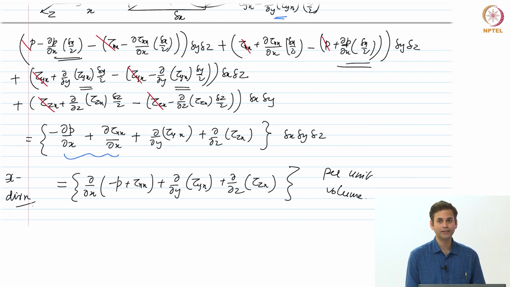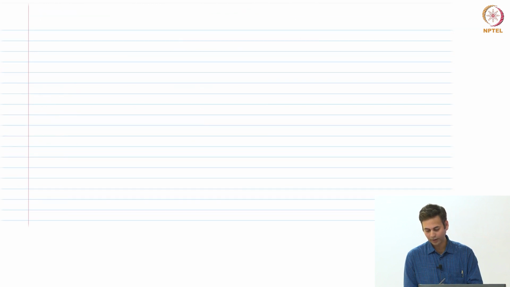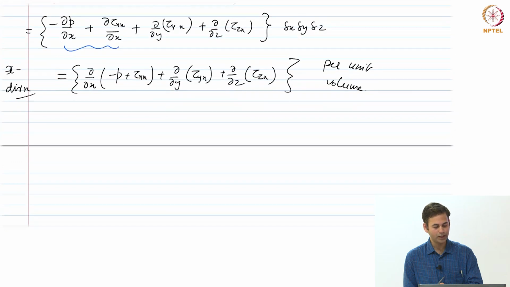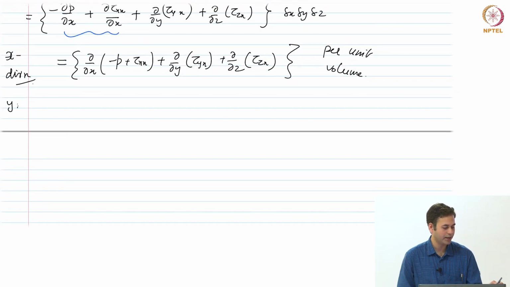Now, will you be able to guess the corresponding terms for forces in the y and z directions? If I were to write the y direction, what would that be? Partial x. Because we are writing in the y direction, the second subscript has to be y.